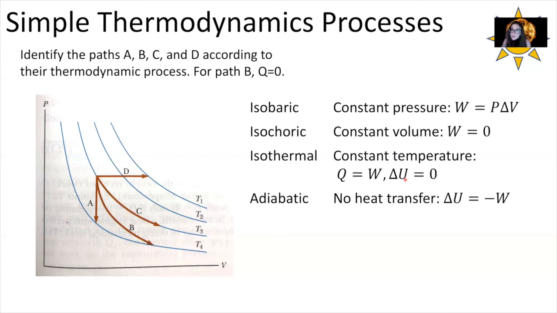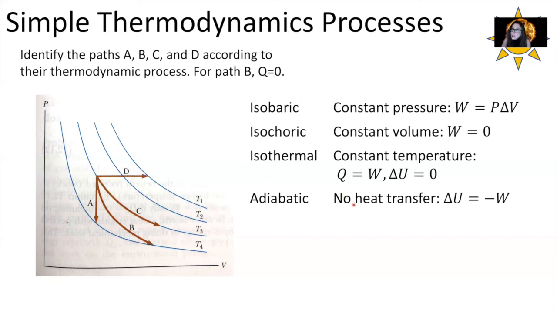Remember that our equation for the first law of thermodynamics was delta U is equal to Q minus W. So if delta U is equal to 0, then that means that Q has to equal W. So in an isothermal process, you have the net heat transferred into the system must equal the net work done by the system.